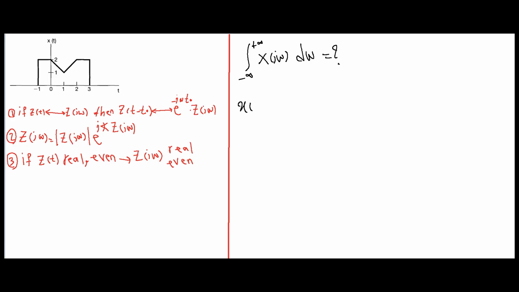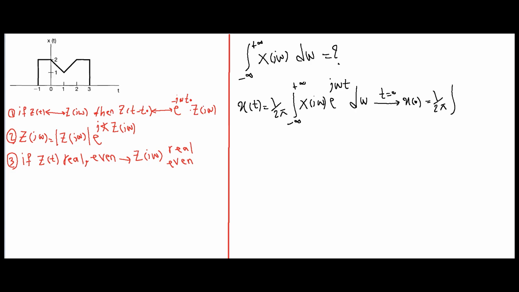To solve this part, we first write the inverse Fourier transform relationship, which says that x(t) is equal to 1 divided by 2π multiplied by the integral from minus infinity to plus infinity of X(jω) multiplied by e^(jωt). Now, if we set t equal to 0, x(0) becomes equal to 1 divided by 2π multiplied by the integral from minus infinity to plus infinity of X(jω).